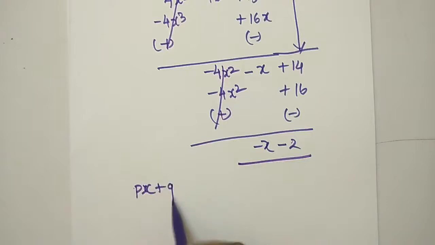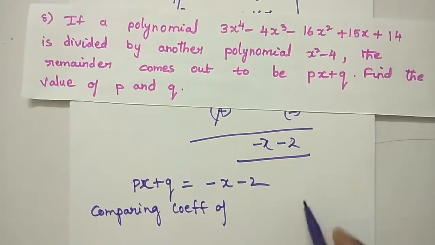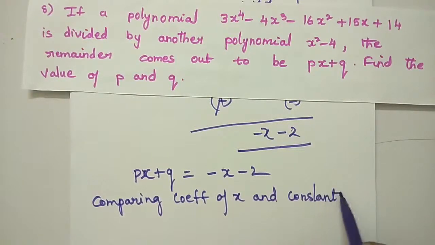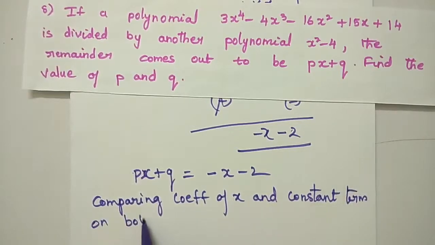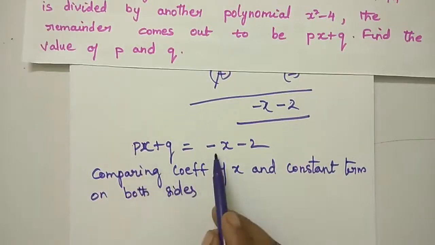So they said that the remainder will be of the form px plus q. So it is minus x minus 2. Now comparing the coefficients of x and constant term on both sides, you will get here coefficient of x is p, here it is minus 1.